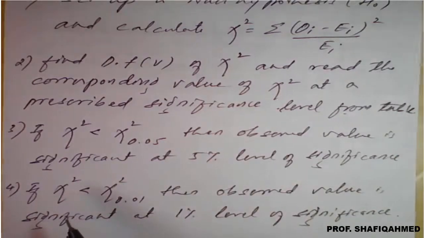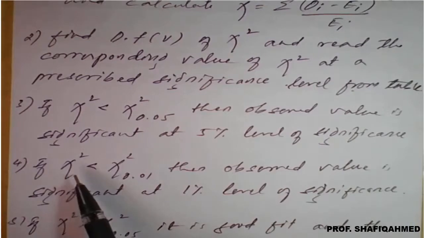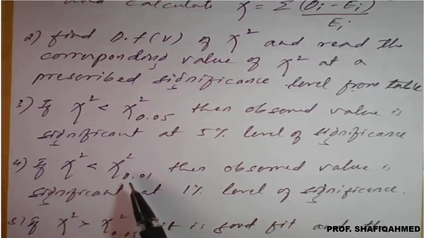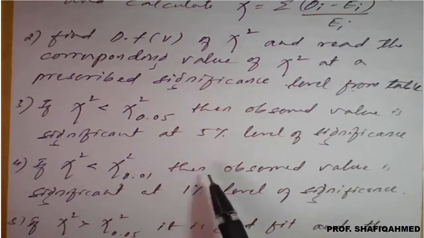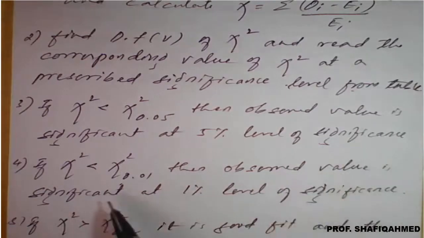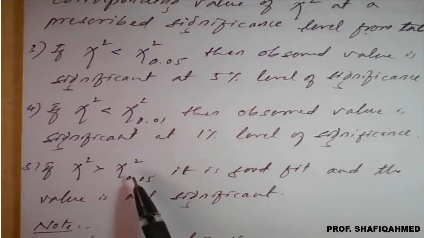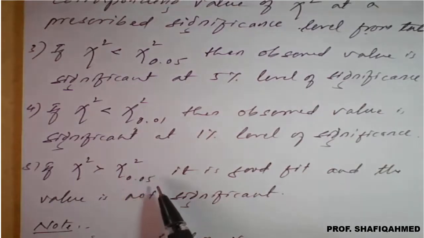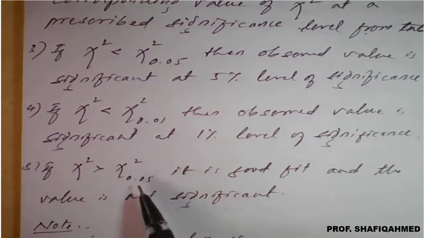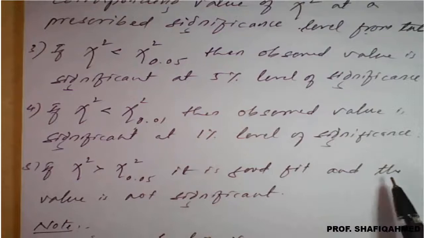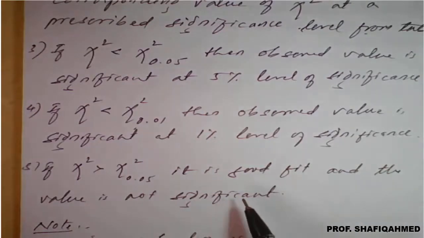And point number 4 is, if chi-square is less than chi-square of 0.01, then the observed value is significant at 1% level of significance. The next is, if chi-square is greater than chi-square of 0.05 or 0.01, I have taken only one here, it is a good fit and the value is not significant.